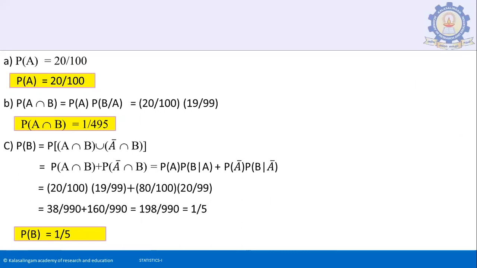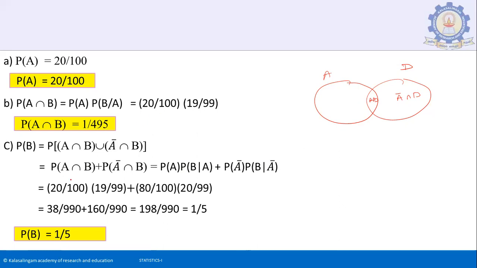So we can express B as A intersection B union A bar intersection B. They are of course disjoint.